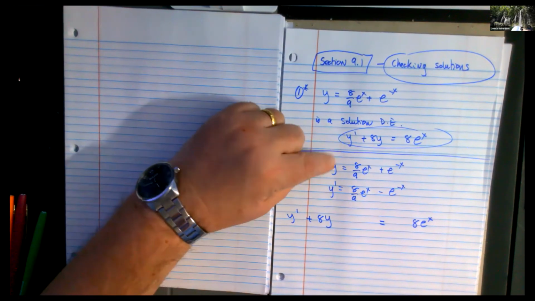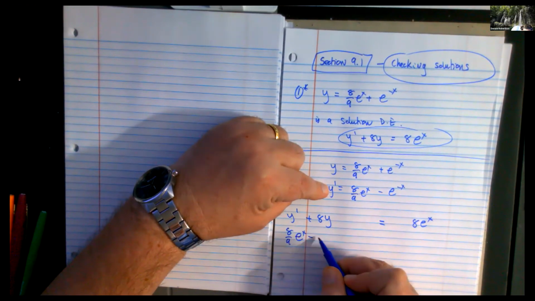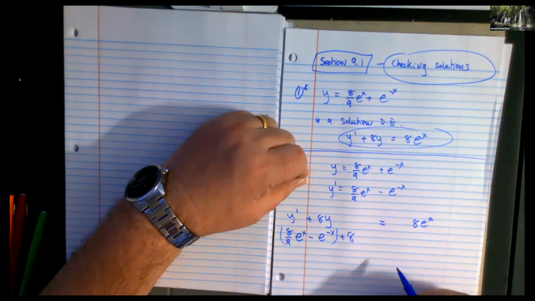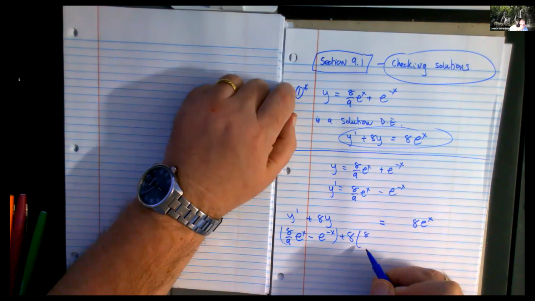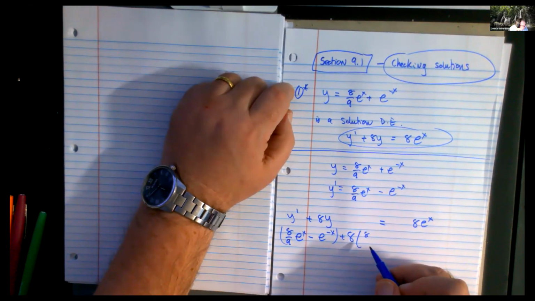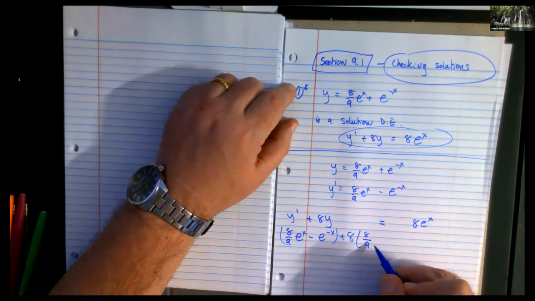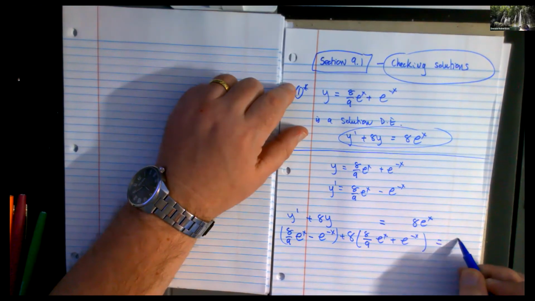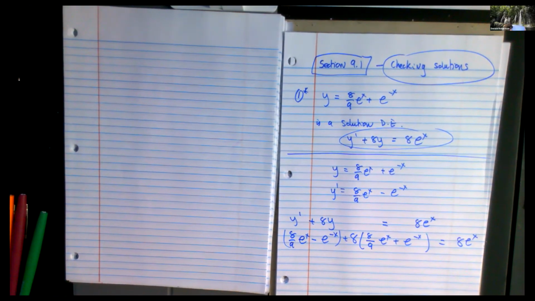Right, the first derivative is 8/9 e to the x minus this guy, plus 8 times y, which is, let me check my one. Which is this guy. And if it works, it should equal that. I'm not convinced it does.